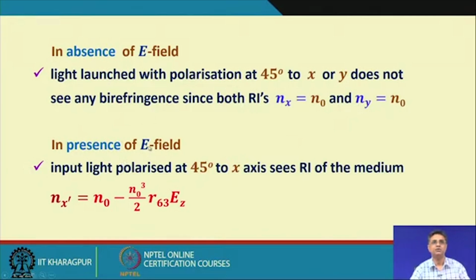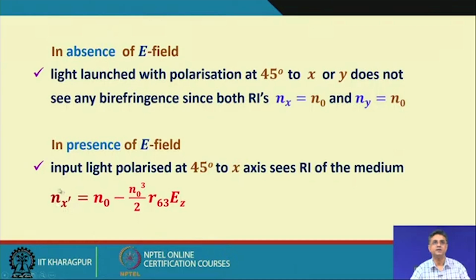In presence of the electric field, the input light is polarized at 45 degrees with x, that is along the x prime direction, which is the new principal refractive index direction. So, the crystal will see only light which is polarized along x prime, and there is no other component.